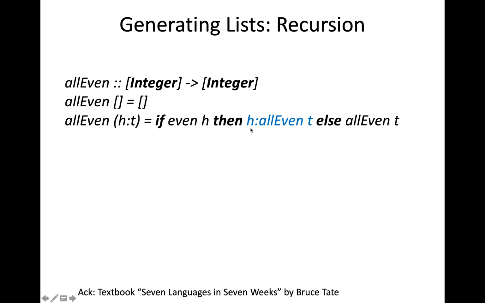So head, which is even, we already checked, concatenated with this colon, which is the concatenation symbol for concatenating head with a list, and then this part means the same function applied on the tail, so that should magically give us, by the virtue of recursion, the integers present in tail which are even, right? So then we should just concatenate these two parts, and that should give us the final answer, right?